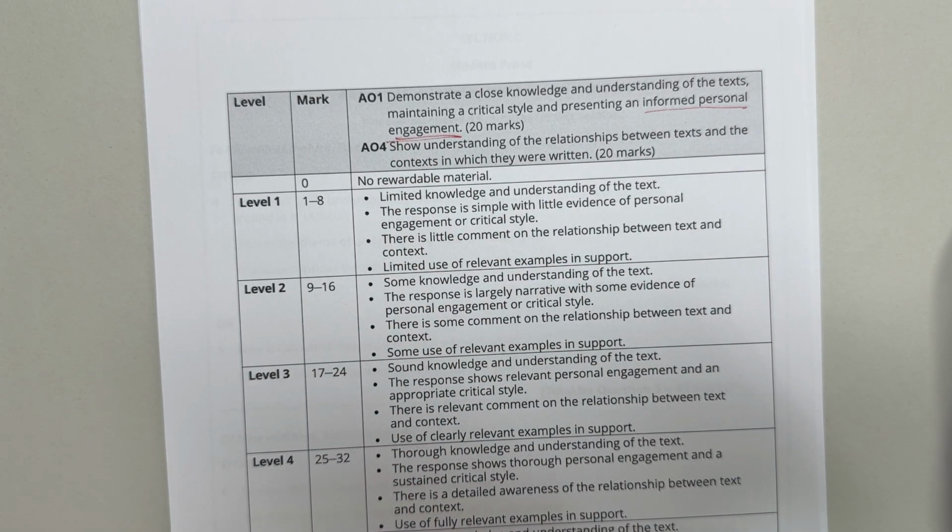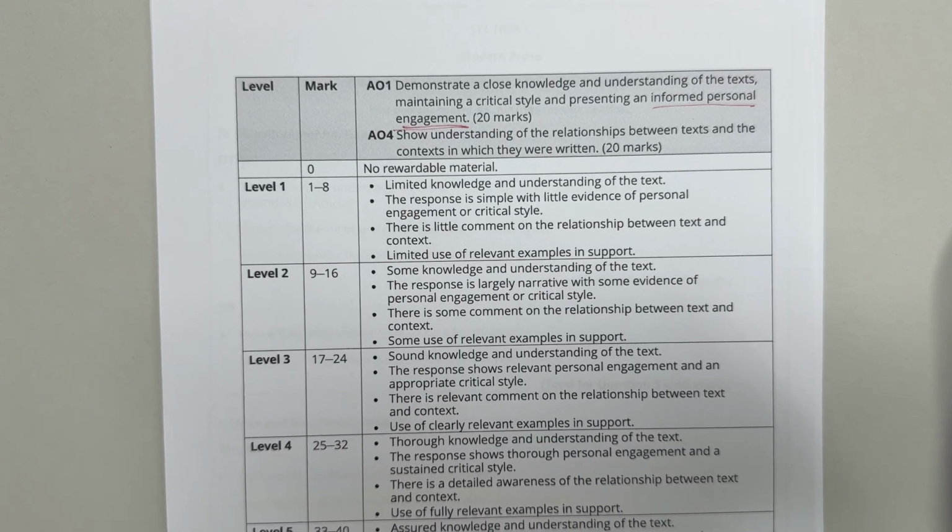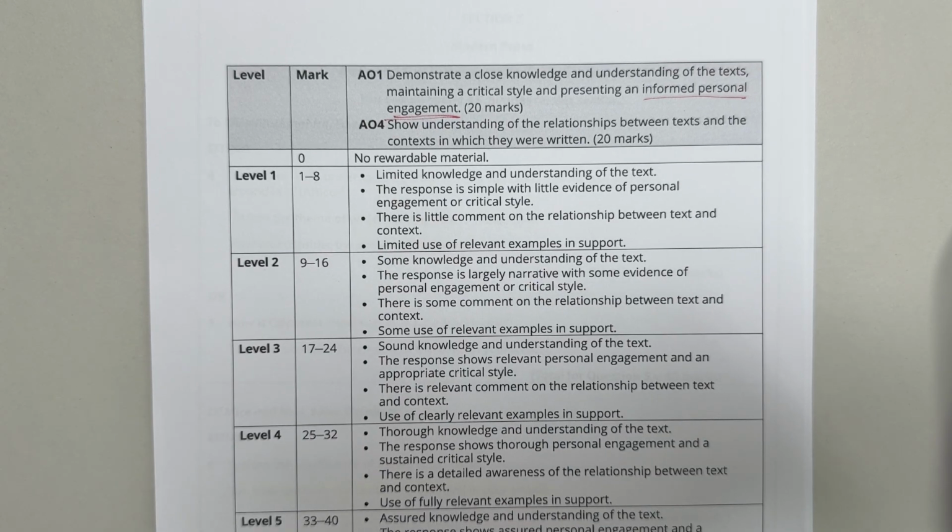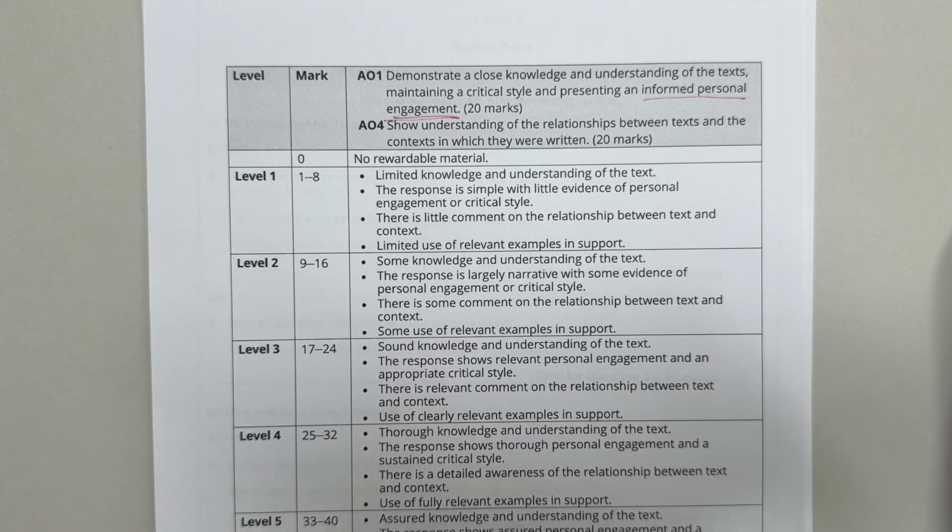How well have you been able to think for yourself? Yes, you will have been taught these texts and your teacher will have taught you many things, but the examiner here doesn't want to just read a regurgitation of your teacher's ideas and thoughts and feelings. They want to know what you've thought about it. And the better you can do that, the better your marks will be.